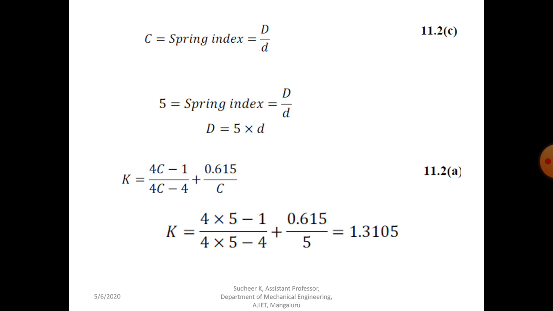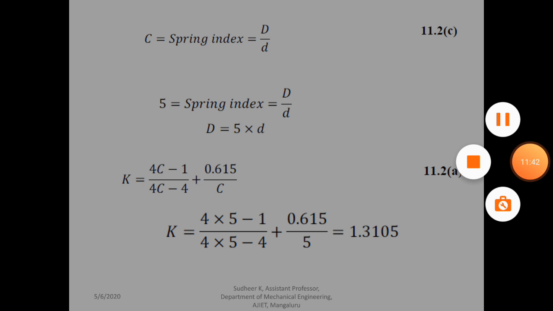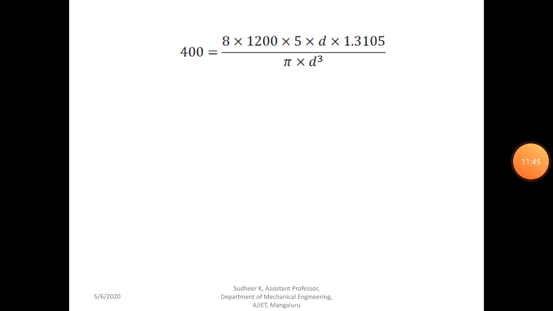Now we need to substitute all the values in the previous equation, that is 11.1D, which is nothing but the shear stress in the helical spring. Because the shear stress value is given, tau is nothing but 400 Newton per mm square.